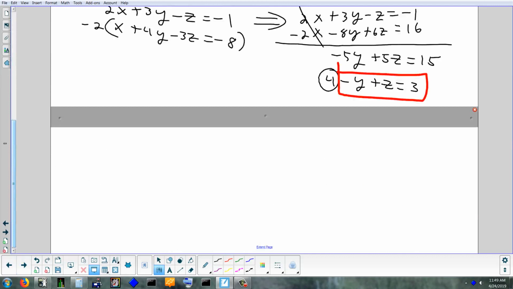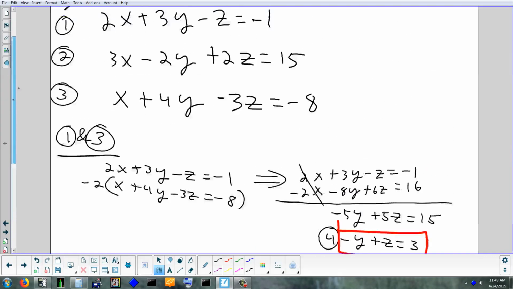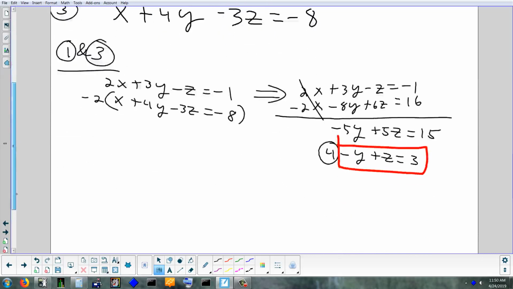The key though is you eliminated x. You have to eliminate x again, but you can't use equations 1 and 3. What's another pair of equations I could use? 2 and 3. Yep. I mean, you could do 1 and 2, but you're going to be getting into fractions. So let's do 2 and 3.